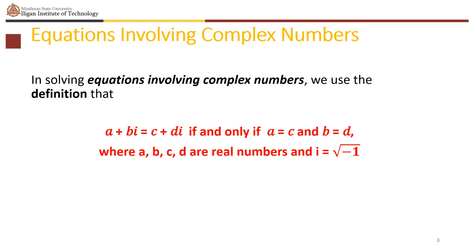The complex number is in the form of a plus bi, where a is the real number and bi is the imaginary number. Also, a and b belong to the real numbers and i equals the square root of negative 1. In this case, c and d are also real numbers.